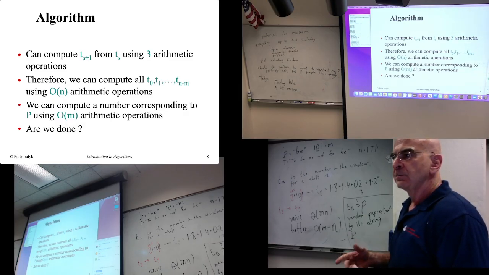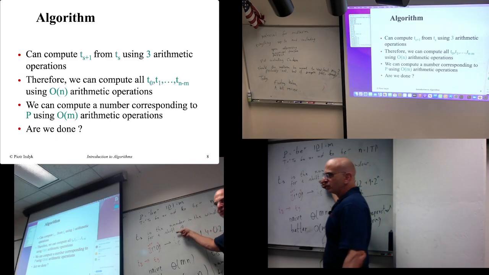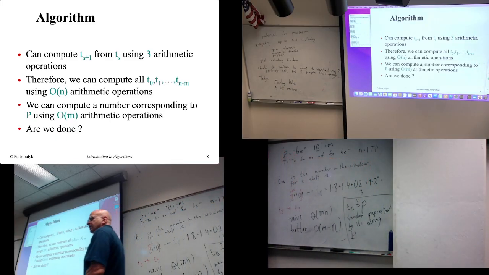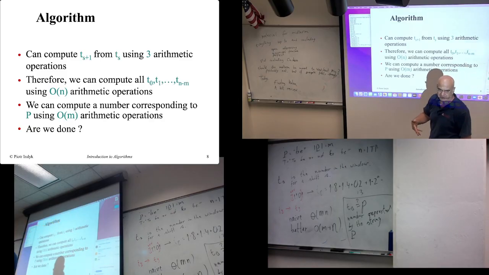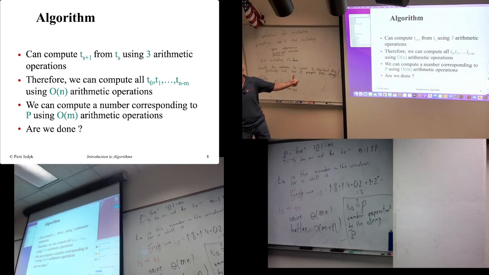So for every s, compute t of s from t of s minus 1. It takes constant time, 3 arithmetic operations, and compare whether it meets the pattern or not. If yes, then you report a fit, and it looks like we are done. Or are we? Who can argue what's the problem here?